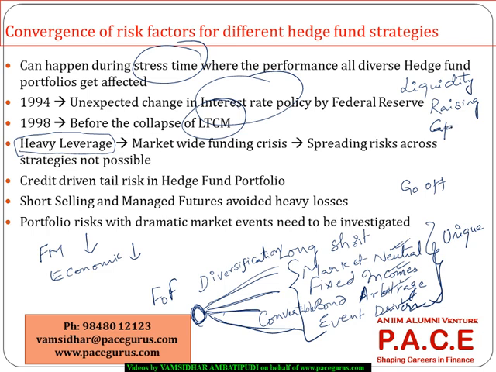There will be a capital unavailability in the entire system. Because the capital itself is not available, it's not a question about spreading the risk from this form to this form. The underlying base capital itself is not available, so there is no question of spreading the risk.